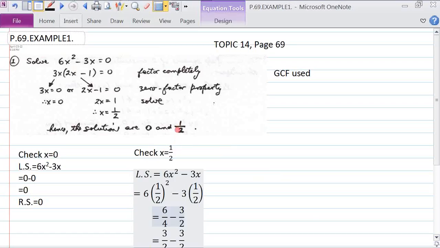Now we check the other one, which is x equals 1/2. We put it into the left side of the equation, 6x squared minus 3x. We always go back to the original equation here. We get 6 times 1/2 squared minus 3 times 1/2 if we replace the x with 1/2.